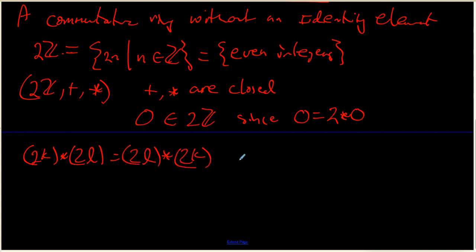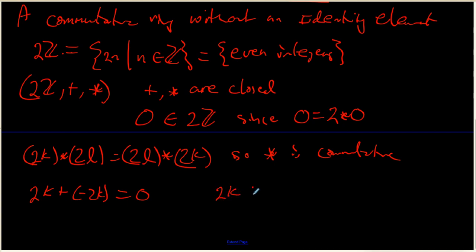So this is indeed commutative. The multiplication is commutative. And additive inverses and associativity are basically inherited from Z. For an additive inverse, 2k plus minus 2k is going to add up to be 0. So we have additive inverses, and associativity follows from associativity in Z.